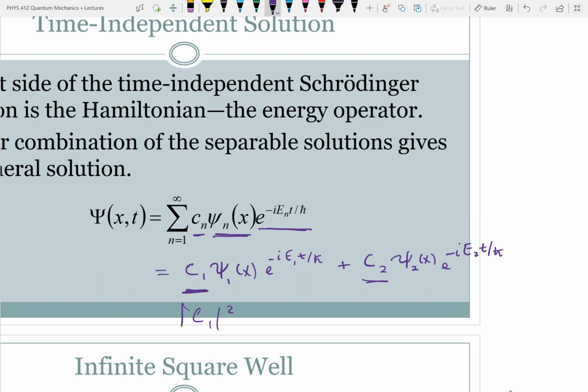The C2 mod squared is the percentage in state 2. And so it says the cat is this percent in the fully alive state and this percent in the fully dead state. So that's why the Schrodinger cat problem is there. It's trying to make sense of what this can mean. And saying the cat is 30% fully alive and 70% fully dead doesn't seem to make sense. That's why it was proposed.